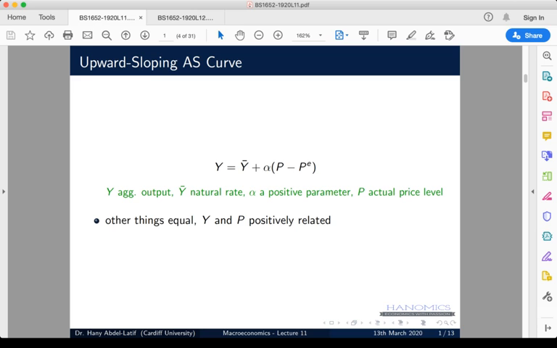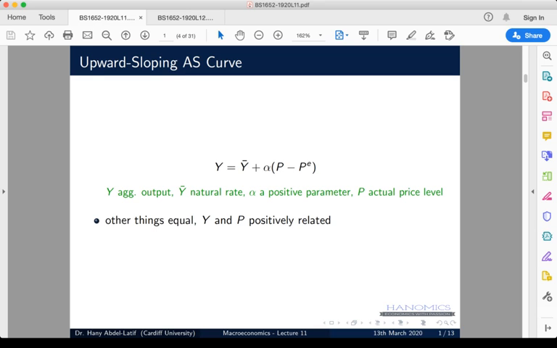As I said in the lecture last time, this is our destination. What we did through the whole lecture was to show that the aggregate supply curve is upward sloping, and to provide some explanation of why this is the case. We're talking about the short-run aggregate supply curve.